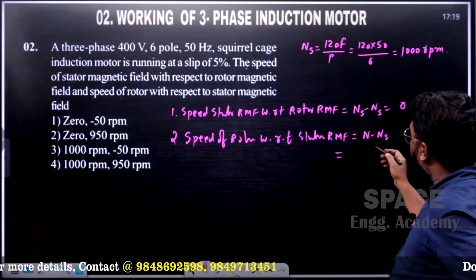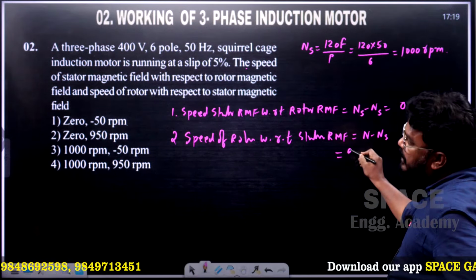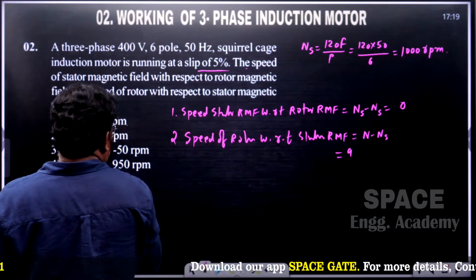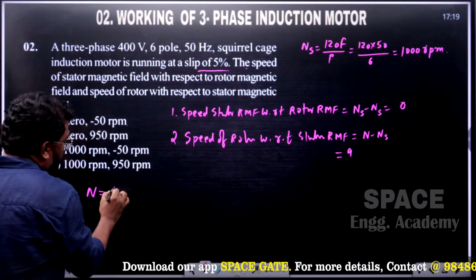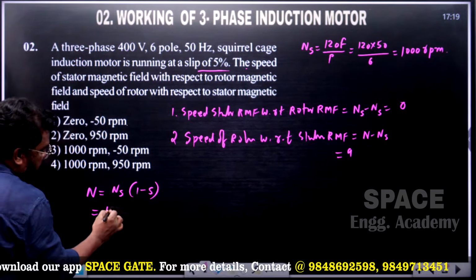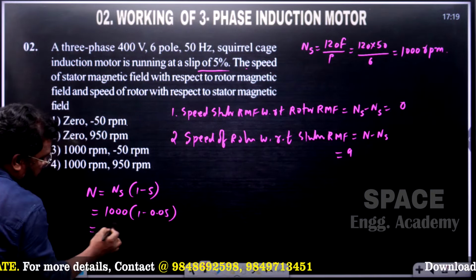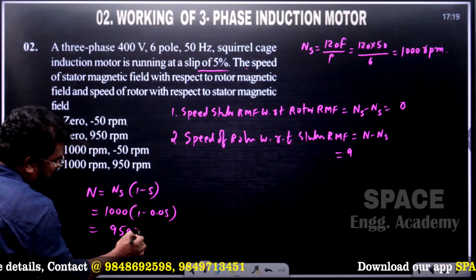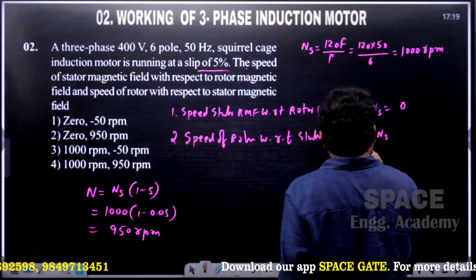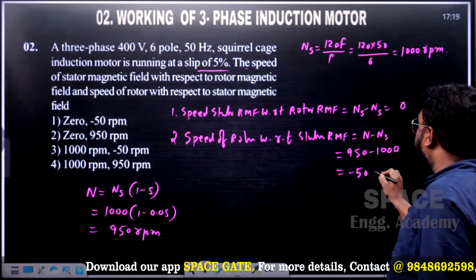Slip is mentioned here, so N is equal to Ns times (1 minus S). Ns is 1000, times (1 minus 0.05), so it is equal to 950 rpm. Speed of the motor is equal to 950. So 950 minus 1000 is equal to minus 50 rpm.